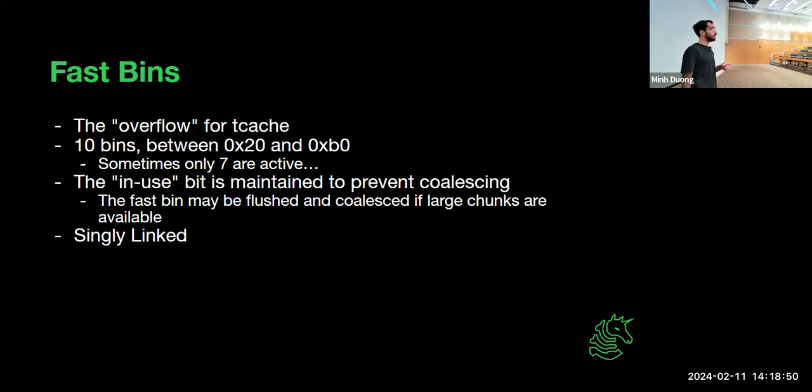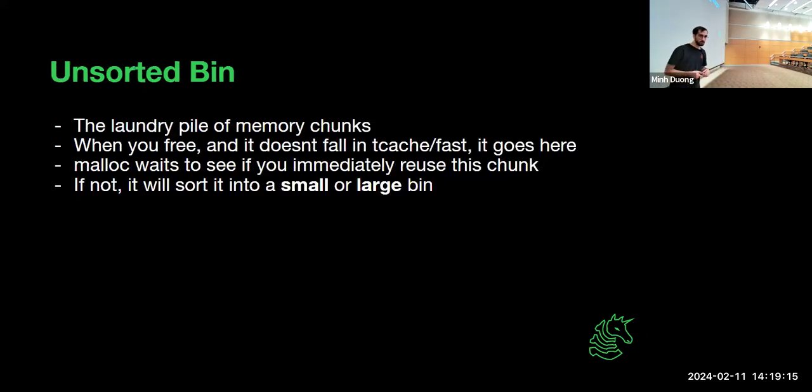The important part here is that the in-use bit is kept on, even though it's in a free list. That's because malloc will look to coalesce free blocks together, and the fast bin wants to prevent coalescing, so that they still become available and you don't have to split blocks later. Again, this is another singly linked type of free list.